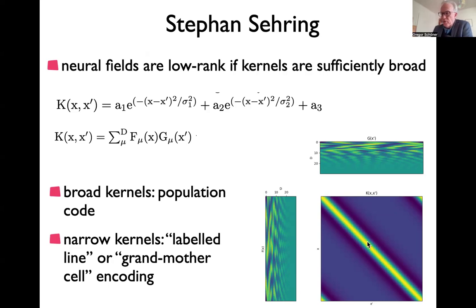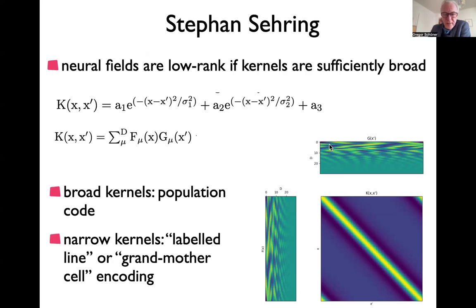When you have a narrow kernel, it essentially means that there isn't a lot of covariation, right? The different neurons really stand for different things. But if you make a broad kernel, then you get away with way fewer. So you could say, broad kernels are really population codes in the sense that the neurons are active for a whole range of values of the underlying dimension, right?